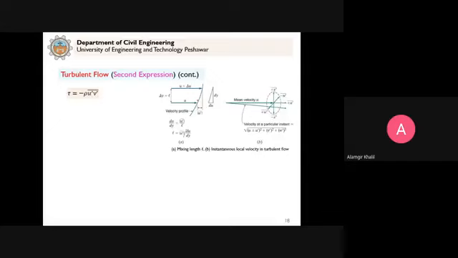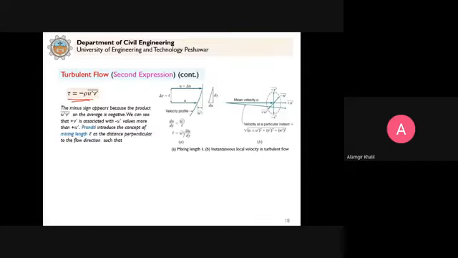Now we saw that the shear stress is given by this expression, and the minus sign I already explained in detail in the previous slide. So according to the mixing length theory, if we compare the similar triangles here, this delta y now becomes L, the mixing length L, and the difference between the two is due to that fluctuating component, and because it can be plus or minus, it is written in absolute value.